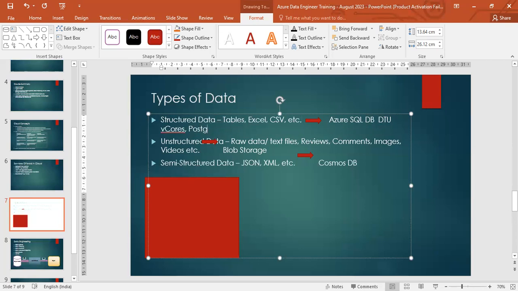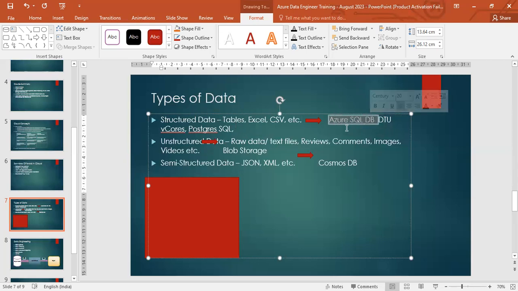So multiple options are there. What's the difference between Postgres versus Azure SQL DB? I'll get more details about it, but yes, they are different. I don't have the exact answer as of now, but the SQL DB will be kind of a similar replica of what you have on-prem.